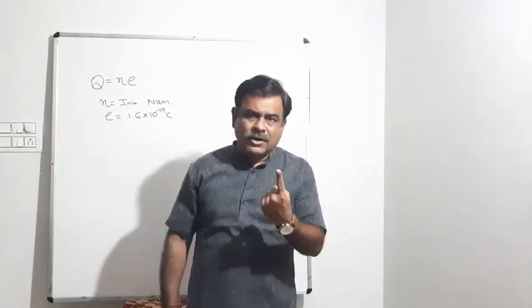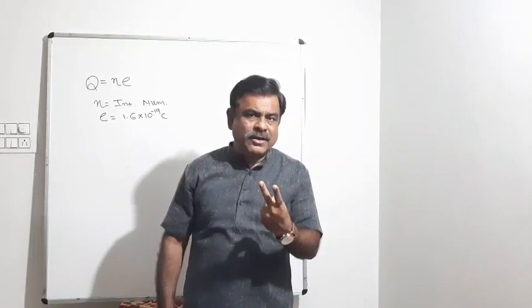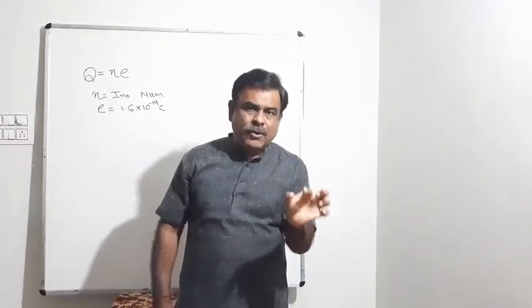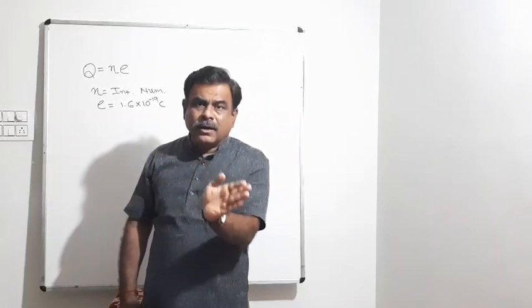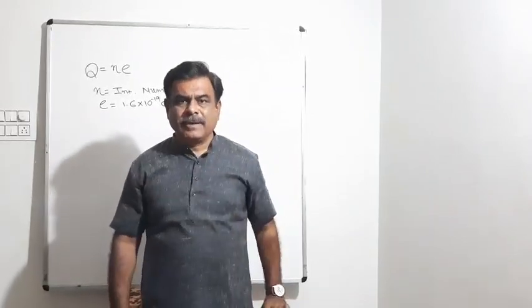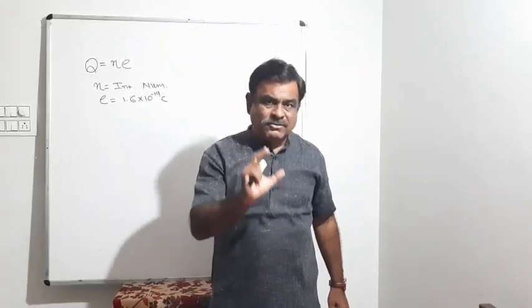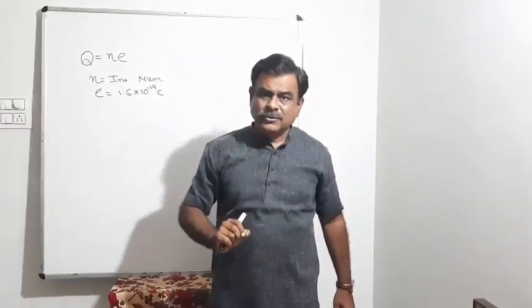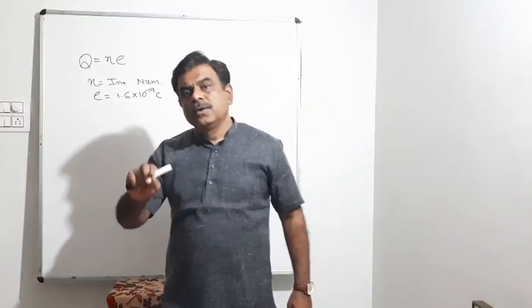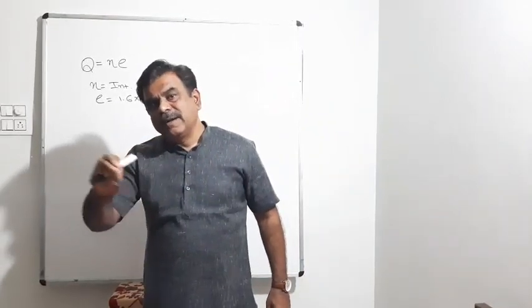Like if you have one note, you have 50. Two notes, you have 100. Three, 150. You can have 50, 150, 100, 200. You cannot have 175. Your rupees will always be an integer multiple of 50, because you can keep only 50 rupee notes. So, can you say that it is a multiple of 50?